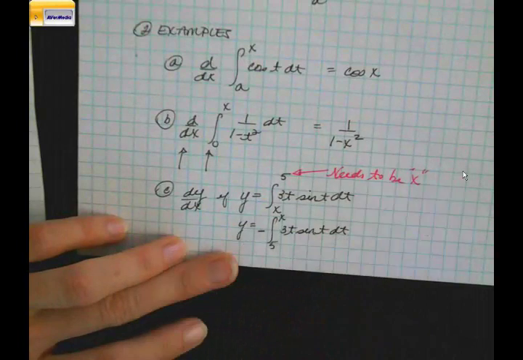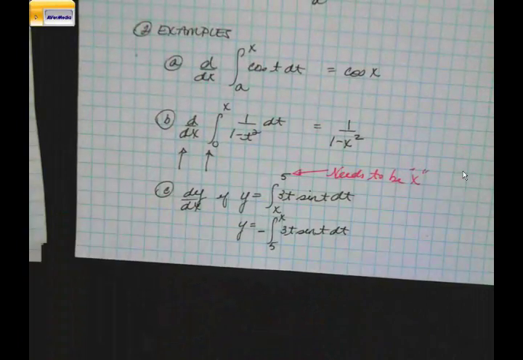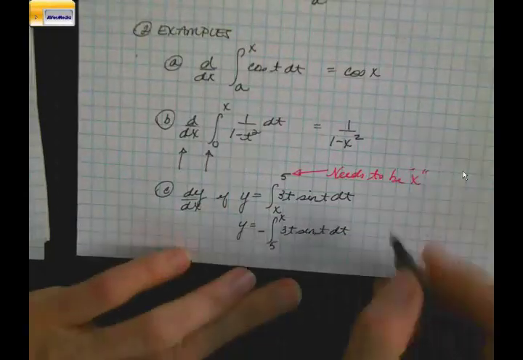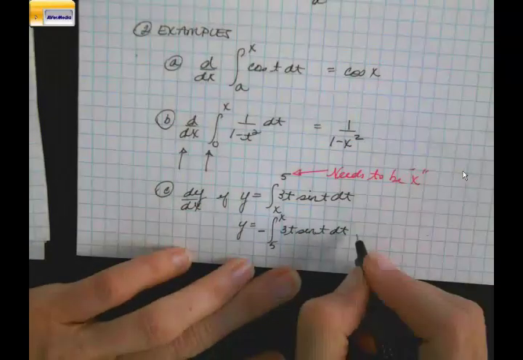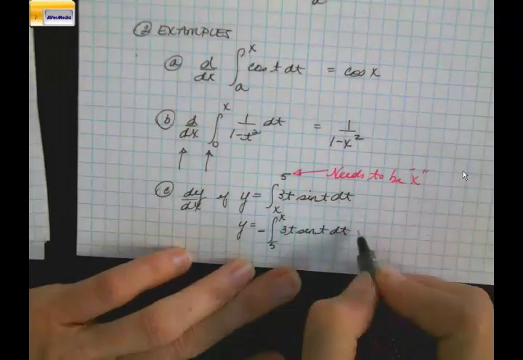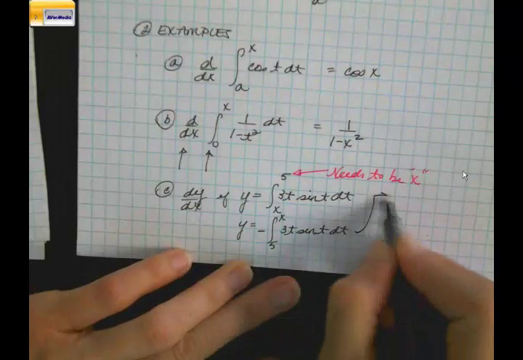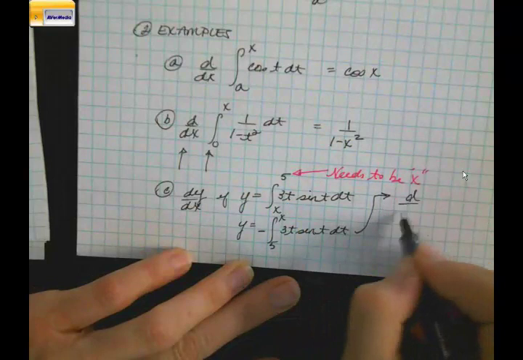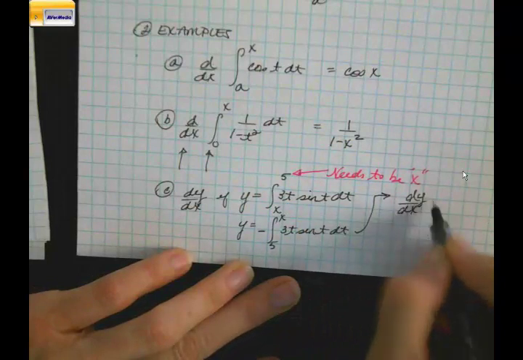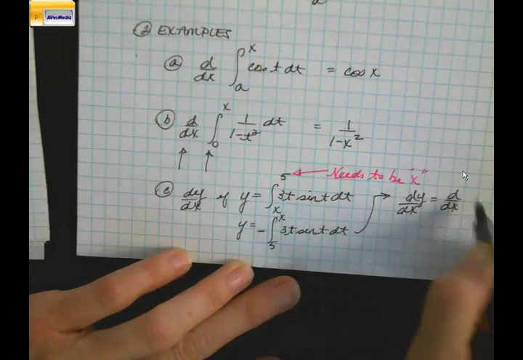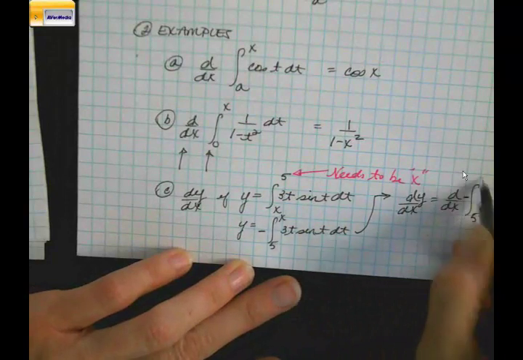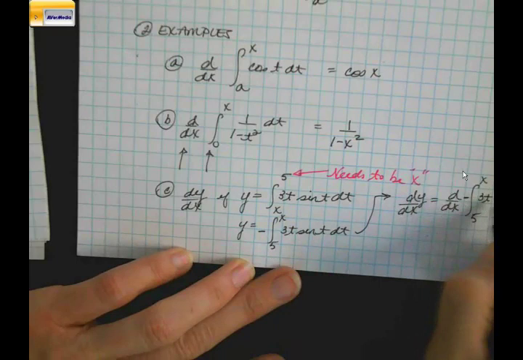So we've not taken the derivative of the antiderivative yet. But the minute I take dy dx, that is a d dx of y, where y is the integral of 5 to x of 3t sine t dt.